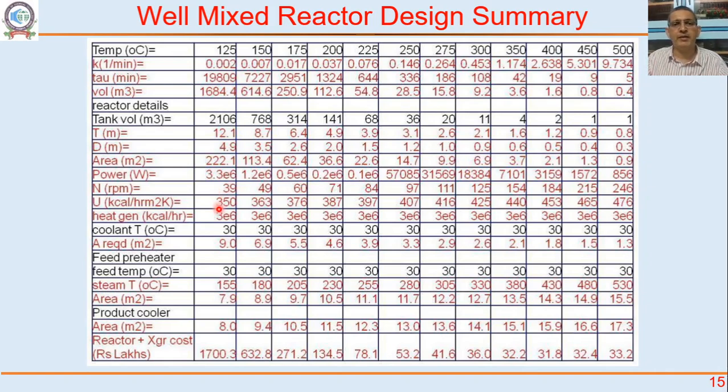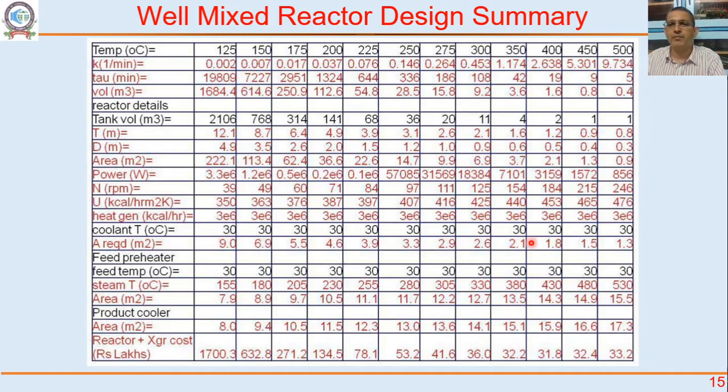Speed of agitation, heat transfer coefficient we can calculate from the speed, heat generation we can calculate, coolant temperature, area required, and we can now check whether the area available is more than the area required for heat transfer. You see, area available for heat transfer is 222 meter square, area required for cooling, for maintaining isothermal condition, is only 9 meter square.